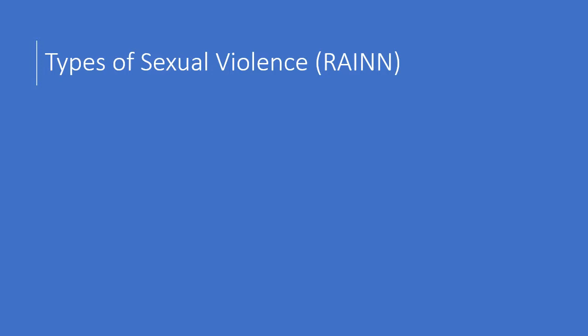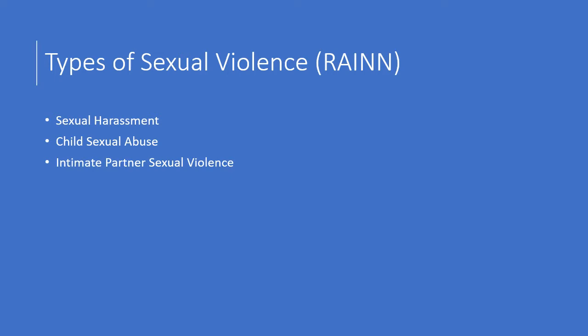Now, sexual violence comes in a lot of different forms, and this is a scattershot list that comes from the Rape, Abuse, and Incest National Network. Sexual harassment is a term that I'm sure you've become overwhelmingly familiar with in recent years with the Me Too movement.